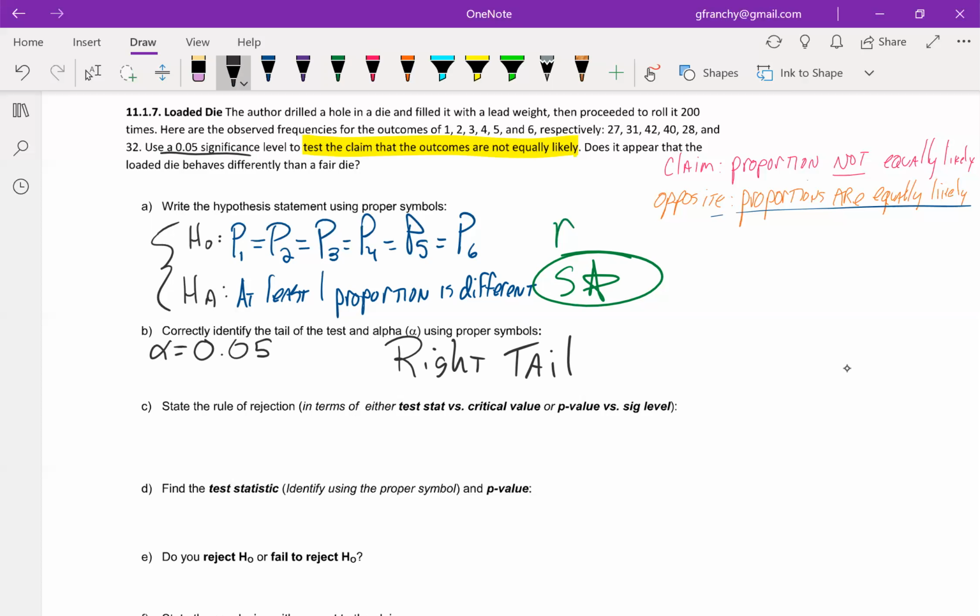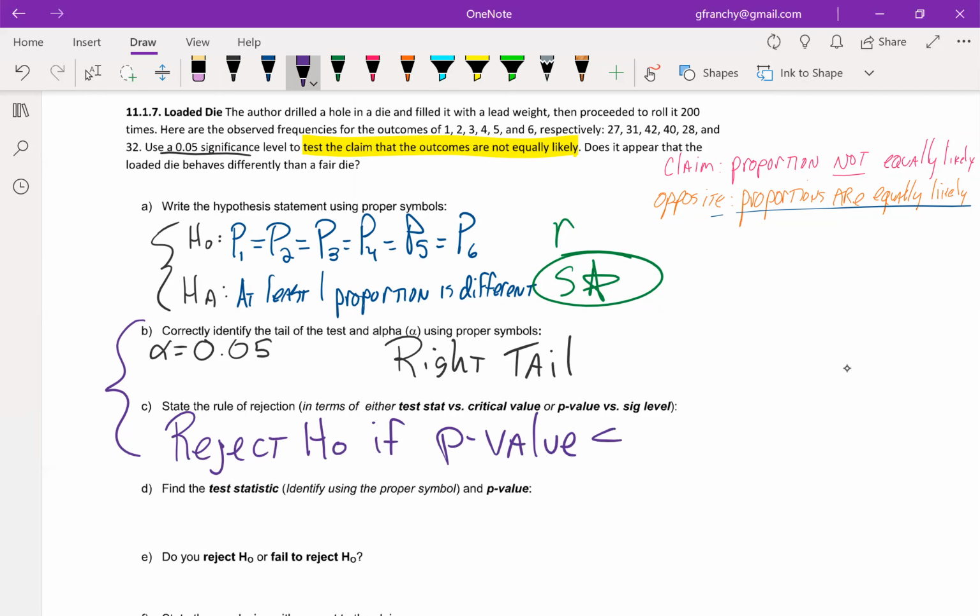Eventually, B and C will be combined, where it's just identify alpha and then immediately use it to write our rule of rejection, which is reject the null hypothesis if p-value is less than or equal to our alpha level, 0.05.